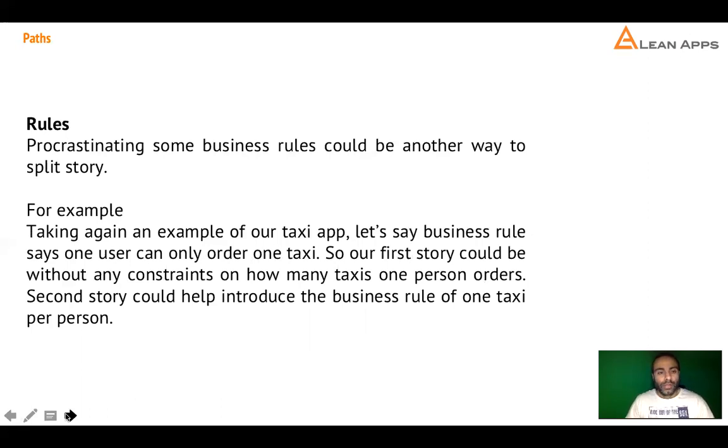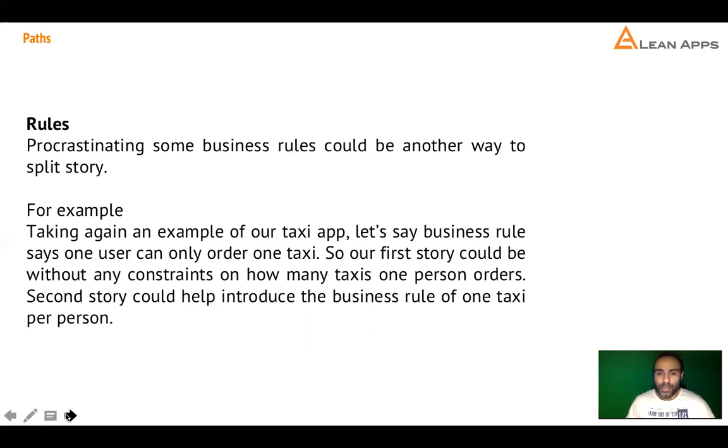So again, I'll take an example of a taxi app. Let's say there is a business rule that says one user can only order one taxi. So till the time I have paid for that taxi and the driver is confirmed, I should not be allowed to take another taxi. Let's say that's a business rule. So our first user story could be without any constraints. Simply, I can book a taxi.